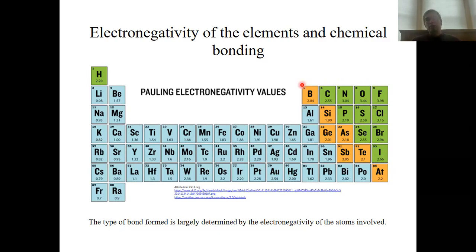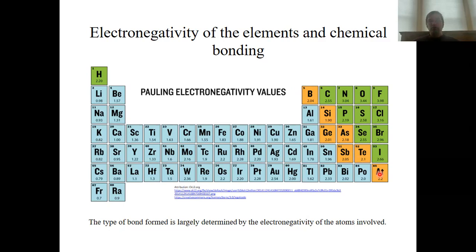And in addition, we now have the metalloids, and you see that for the metalloids the electronegativity is pretty exactly 2.0. It can be a little bit higher, it can be a little bit lower. So the electronegativity values can tell you about the nature of the chemical bonding of the elements.